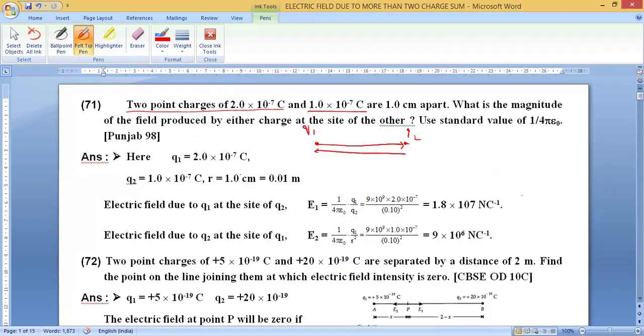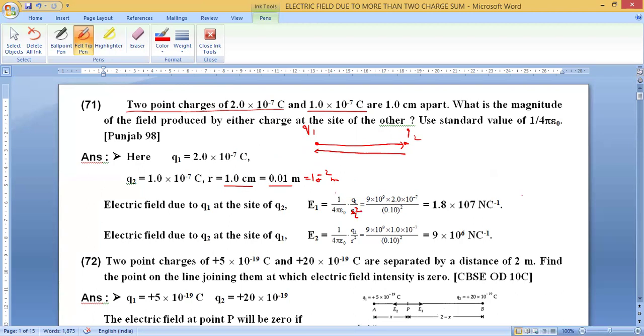So here we take R equal to 1 centimeter, 0.01 meter, which means 10 raised to minus 2 meter. The electric field due to Q1 at the site of Q2, so how much field is produced at Q2 by Q1. So here we write the electric field formula E1 is equal to 1 by 4 pi epsilon 0 Q1 by R square.